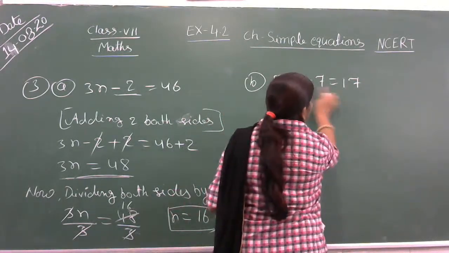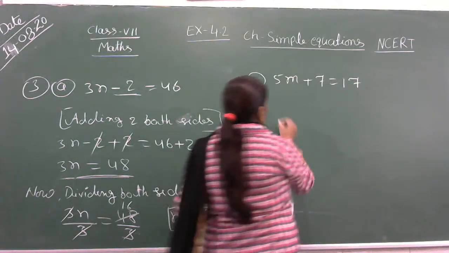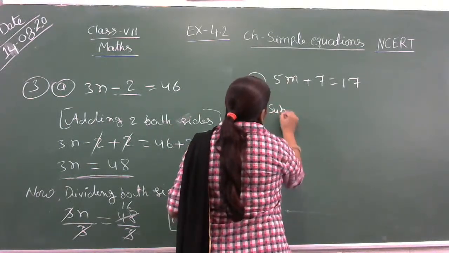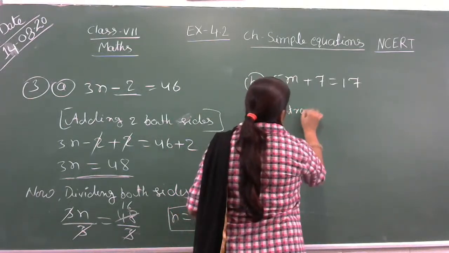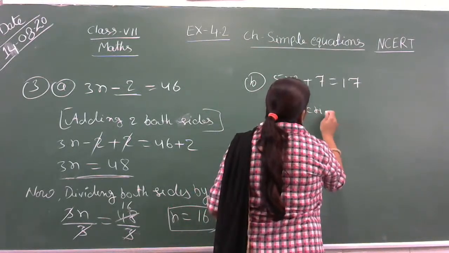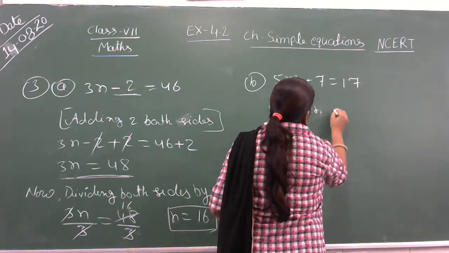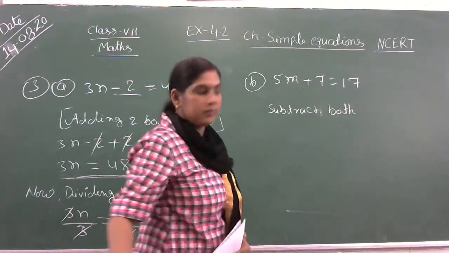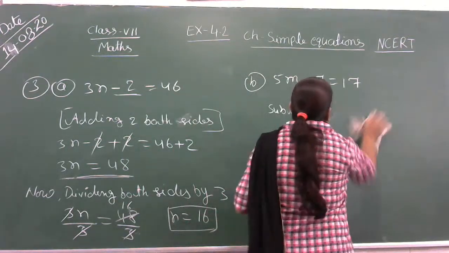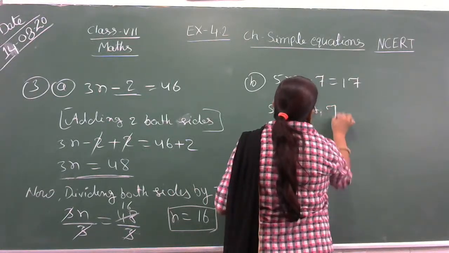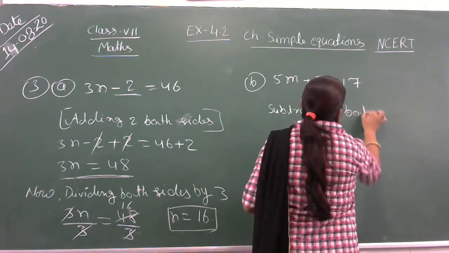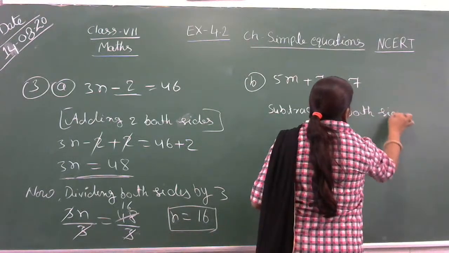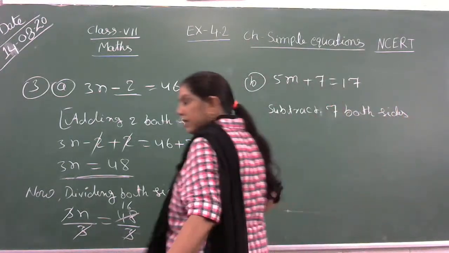Here given plus 7, then first subtract 7 from both sides, isn't it?